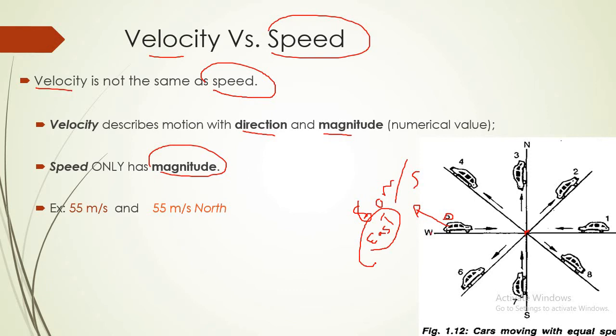So in velocity, I describe motion with direction and magnitude, which is the number, 60 meters per second. But if I said that this car moves from this point to this point at 70 meters per second only, without describing the direction, this is speed.